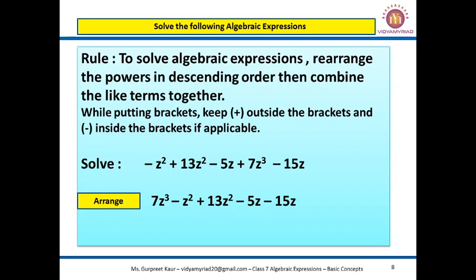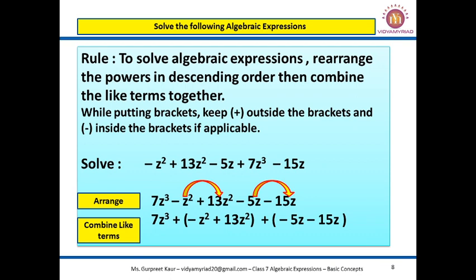Now we will combine the like terms. What are the like terms over here? You have z square, and you have only z, so these are your like terms. We will group them together. Remember, what I am doing here: 7z cube, then minus z square. I have taken minus z square inside the bracket and put plus outside.